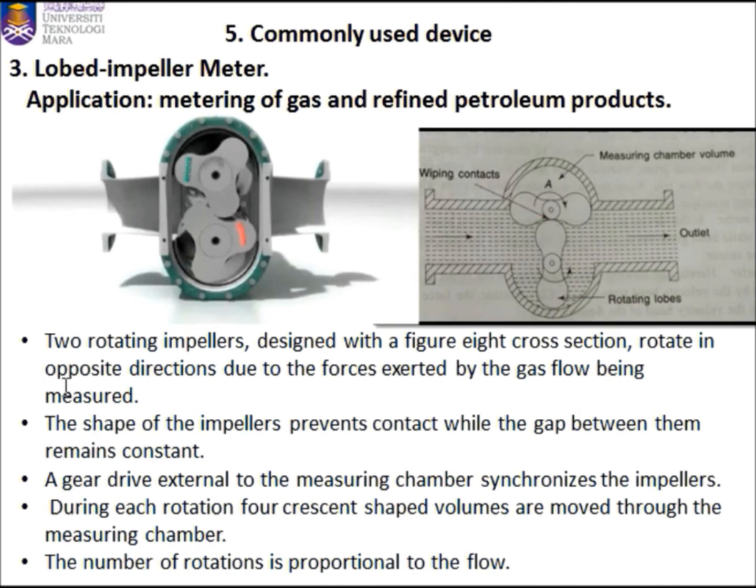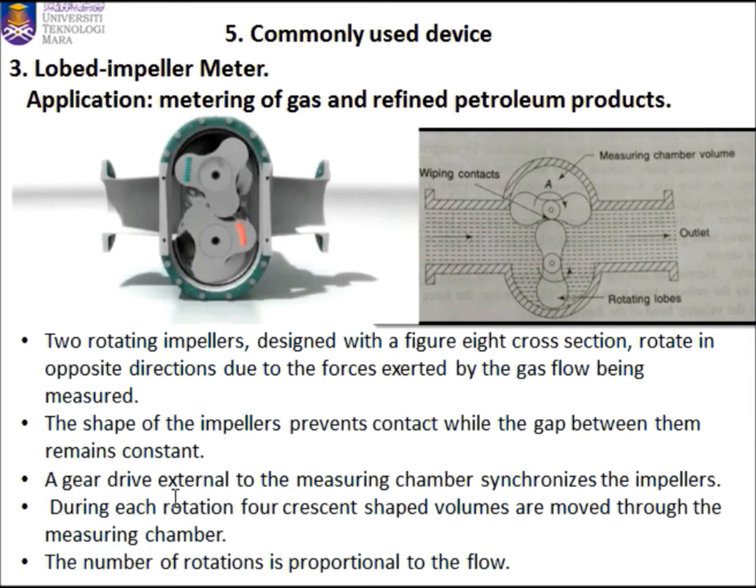Okay, let's read together. Two rotating impellers designed with a figure 8 cross section, like this, rotate in opposite direction due to the force exerted by the gas flowing being measured. The shape of the impellers, the 8 cross section, prevents contact while the gap between them remains constant.